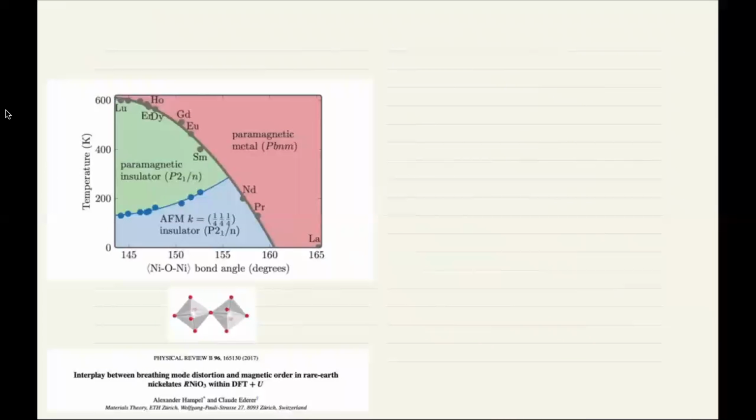So let's take a look at the phase diagram of the nickelates, the rare earth nickelates. Here is plotted temperature on the y-axis, and on the x-axis, the nickel-oxygen-nickel bond angle in degrees. This refers to the angle between the nickel ion in the center of one oxygen octahedron to the oxygen that's connecting it to the nickel ion in the neighboring oxygen octahedron.